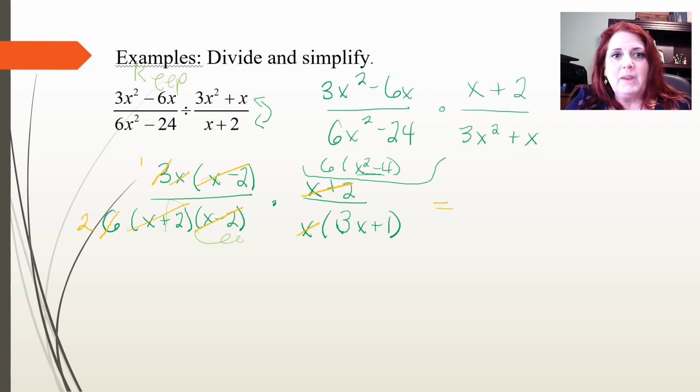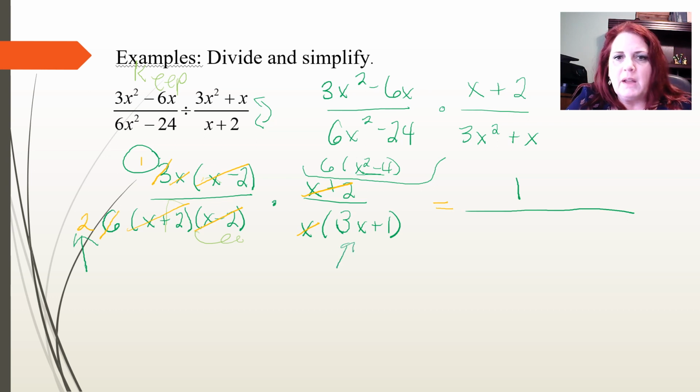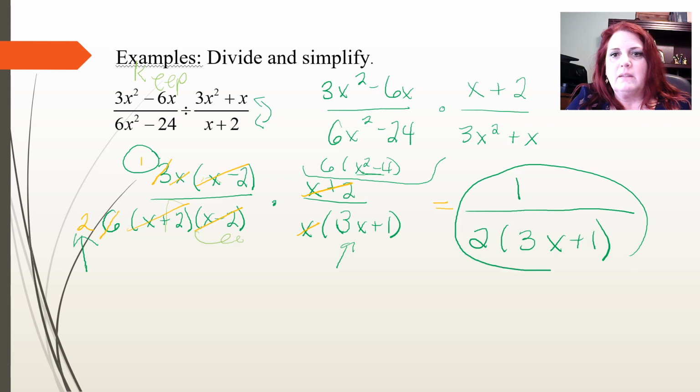Remember, we're factoring these to 1. So if everything is canceled off, there's still a 1 in the numerator. In the denominator, we still have this 2, and we have this one. And I'm not going to multiply them together. I'm just going to show that they're being multiplied: 2 times 3x plus 1. And that is our solution.